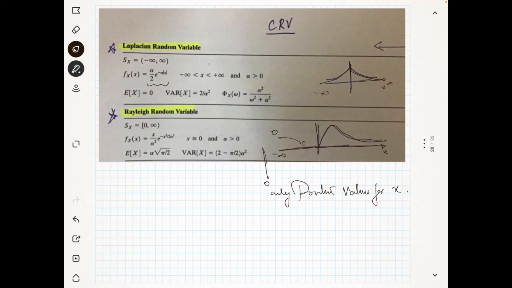The density function is 0 there, and this is your fx of x, and fx of x will take this form. Okay, and the mean of the random variable is this one, and this is the variance. So the mean is nothing but your mu x, and the variance is nothing but sigma x square. It has an important parameter alpha. Alpha is the parameter for the Rayleigh distribution. Okay, I hope it is clear to you.